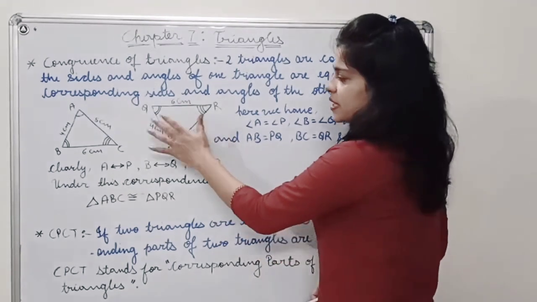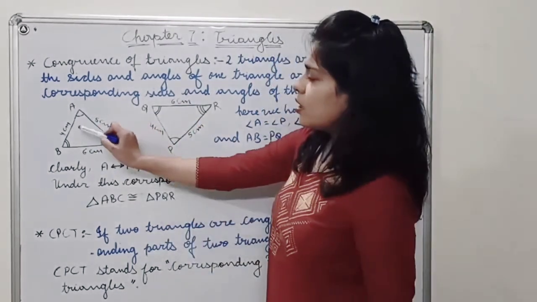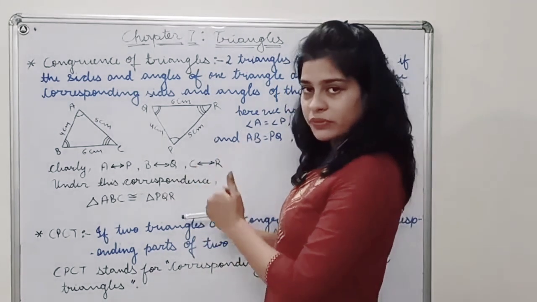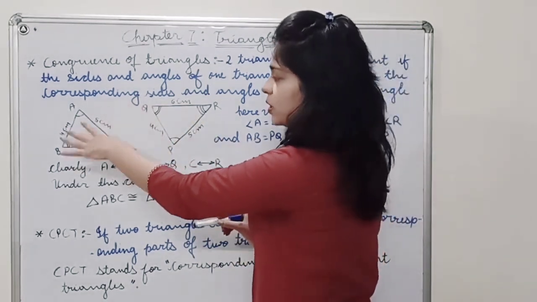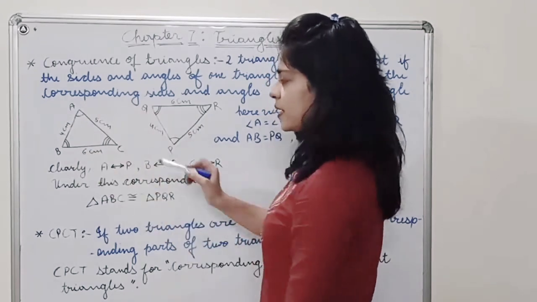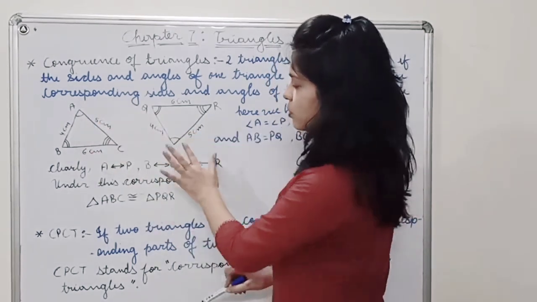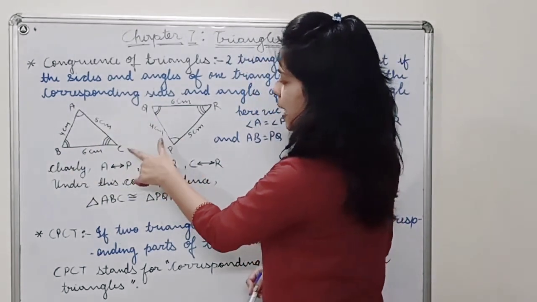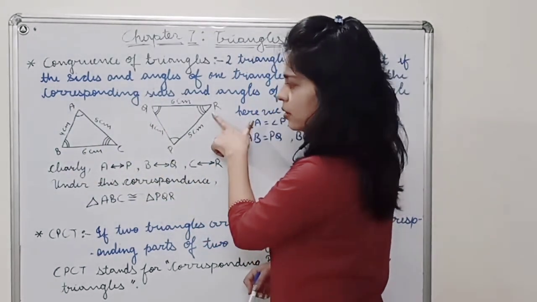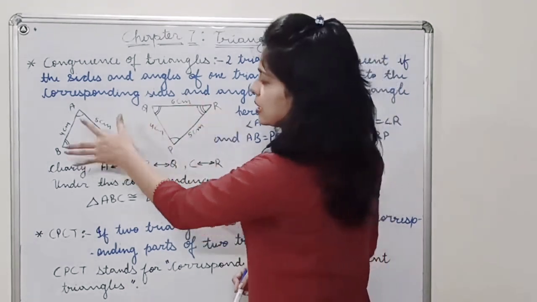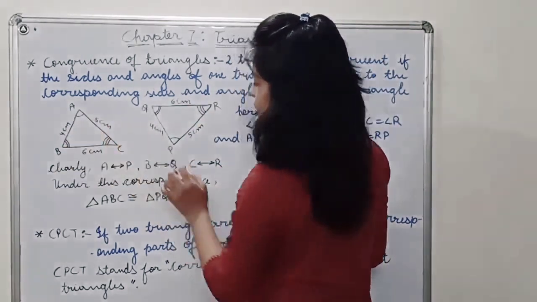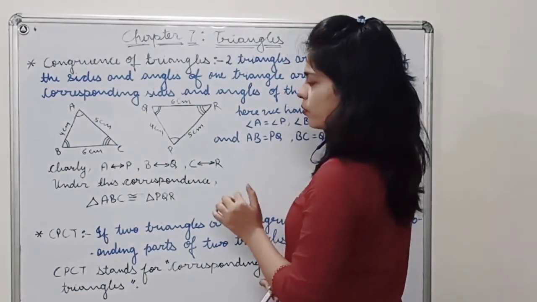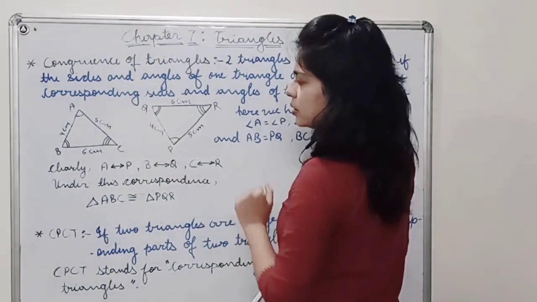Clearly if we see the figure, here we have angle A equals angle P. It is given. We are given the equal things, means equal angles and equal sides. See, angle A is equal to angle P, angle B is equal to angle Q, and angle C is equal to angle R. Also, side AB of the triangle, which is 4 centimeter, is equal to side PQ of the other triangle.